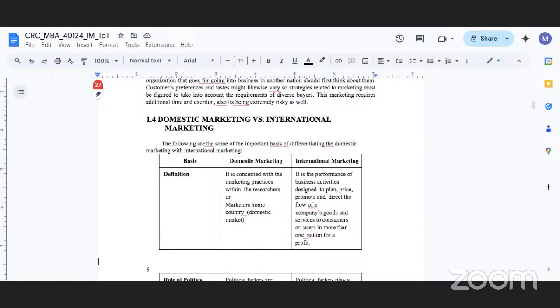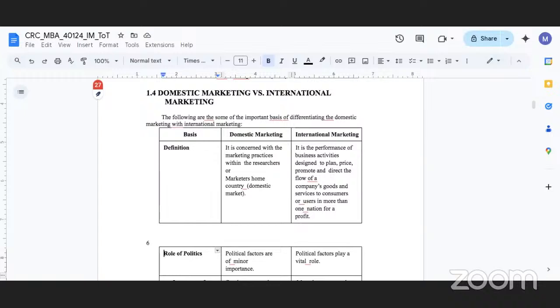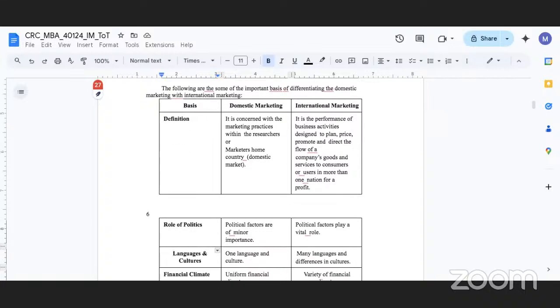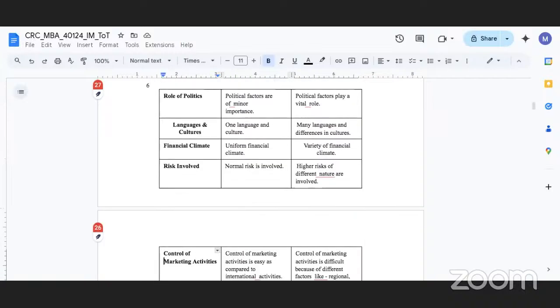So, further, we are looking at domestic marketing versus international marketing and how they are different in terms of the definition and how politics applies. In domestic marketing the political factors are fewer, whereas as we have discussed in a couple of examples earlier today, the political factors play a vital role.